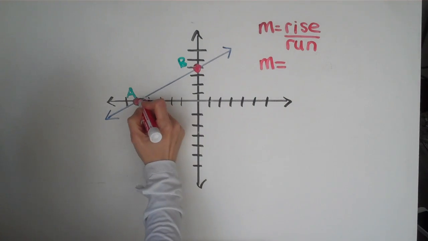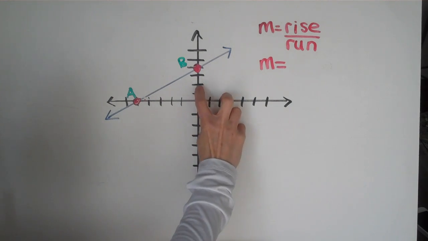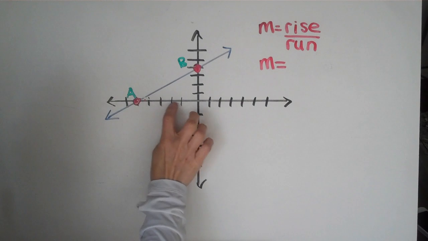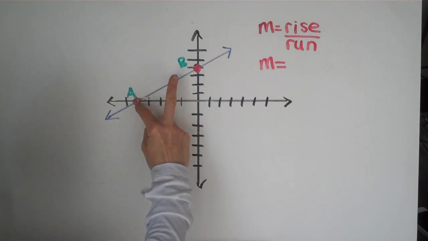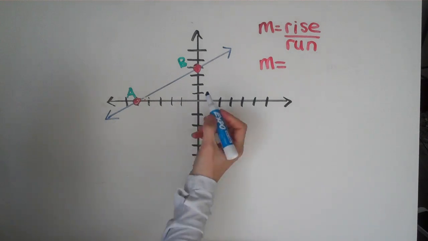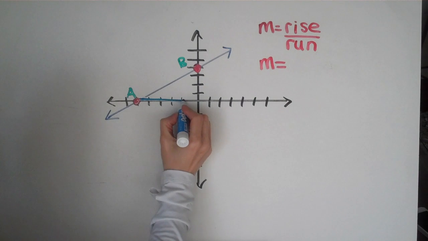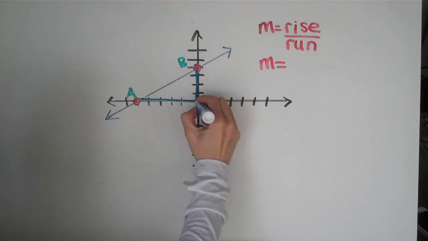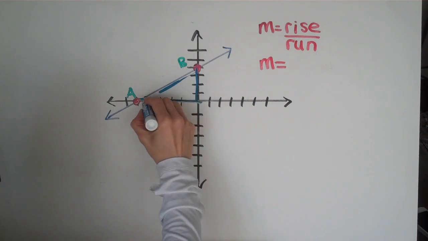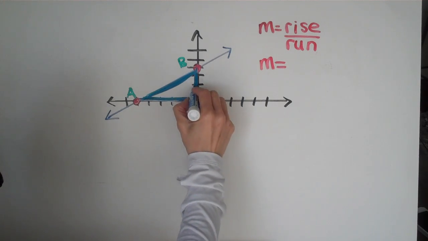And basically what you're going to do is count the rise over the run from point to point. So if we have the rise here, you could just shade in this whole little area here, okay? This is the area we're looking at. And we're just looking at vertical and horizontal.